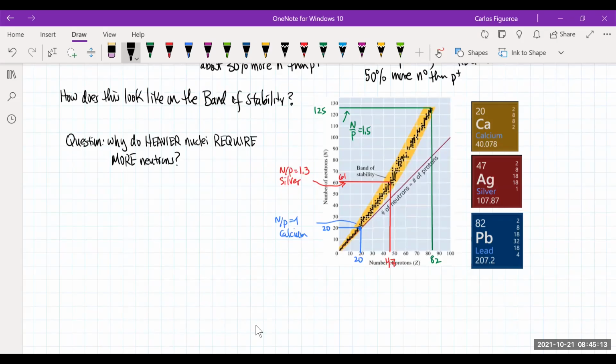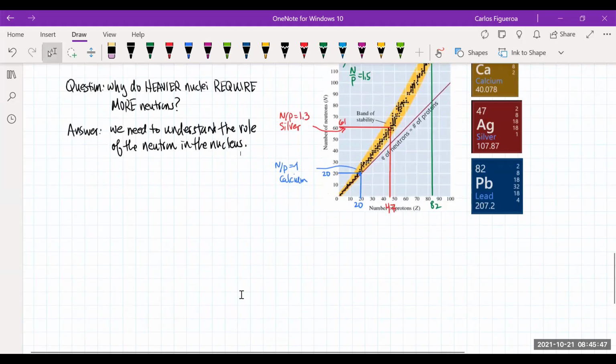And to really answer this question, we need to understand the role of the neutron in the nucleus. That's what we got to do.